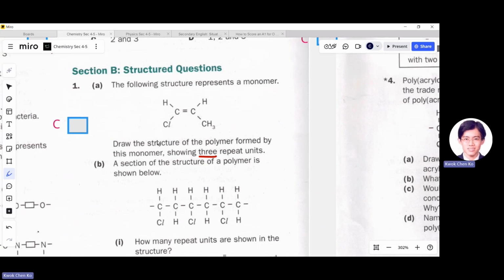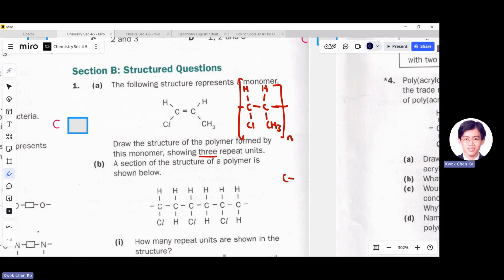This one is going to become this. This is the monomer. So as the polymer, it's going to be like this. Double bond is gone. Instead, you stretch one more bond to the left, one to the right, square brackets it. This is the polymer. But they ask for 3 repeat units. So how?